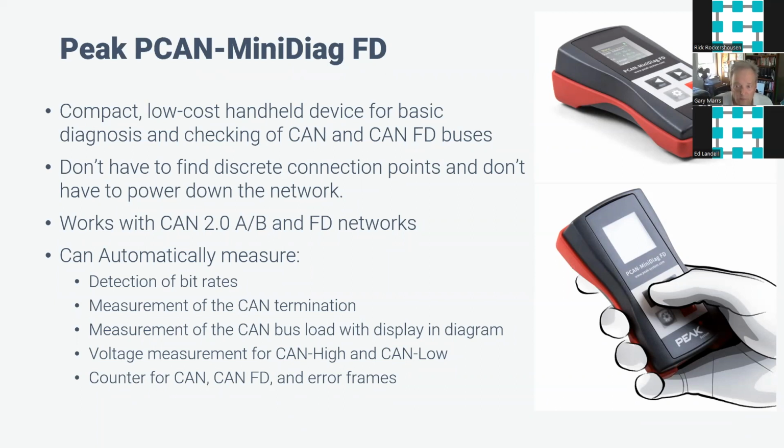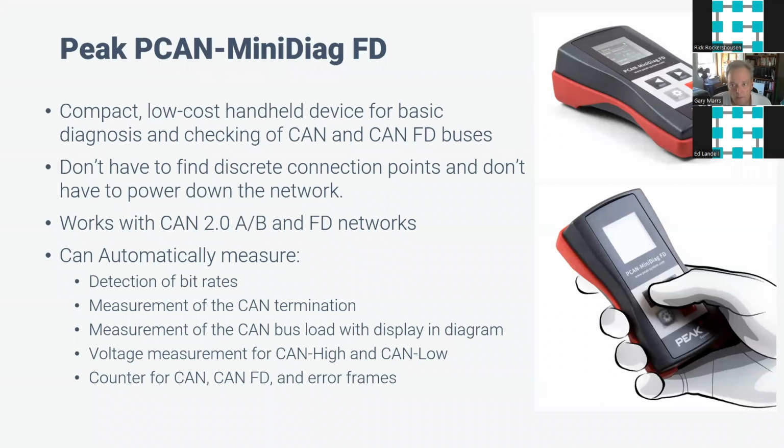It makes voltage measurements of CAN high and CAN low, and can also give you a voltage measurement of the source power. It has counters for errors and data packets received, whether they're CAN or CAN FD. And it's pretty affordable. The price is under $400 for this device.